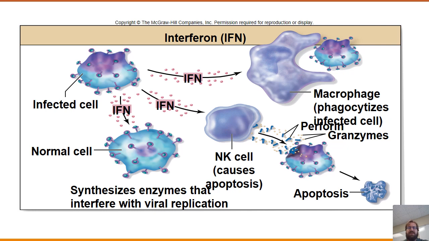So those are some of our cellular second lines of defense. We also have some biochemical second lines of defense. One of them is a molecule called interferon. When a cell gets infected with a virus, it knows that something wrong is going on.